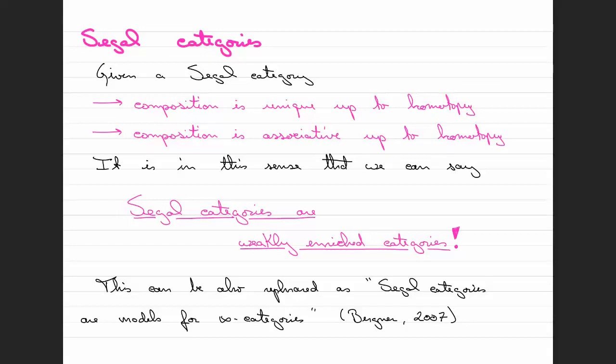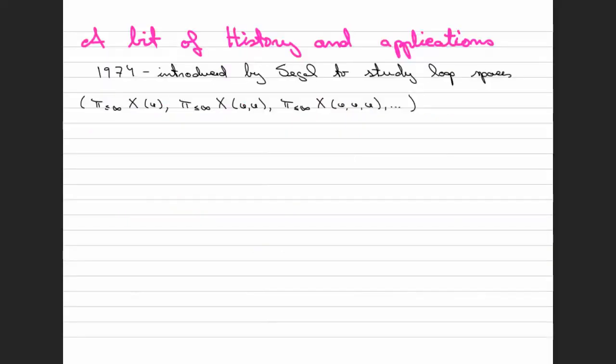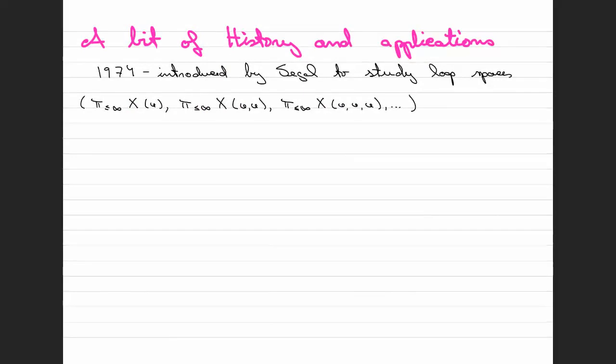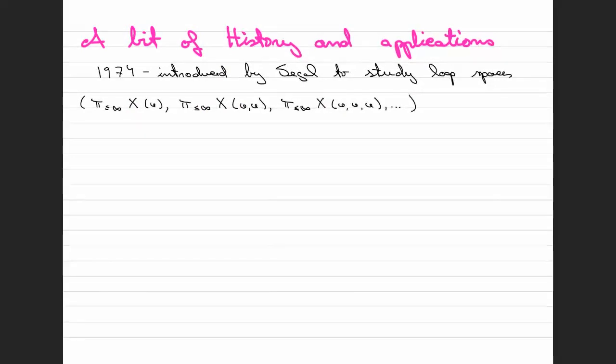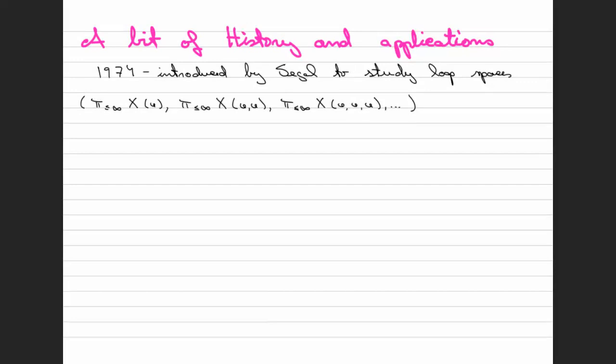We've seen this. Okay, so a little bit of history and some applications. Why do we care, or why have people cared about this? So they were introduced in the one object case. Segal categories with one object were defined in 1974 by Segal, and he was studying loop spaces. So in the 60s and 70s, it was very trendy to ask, I give you a topological space, tell me if it's the loop space of another space.